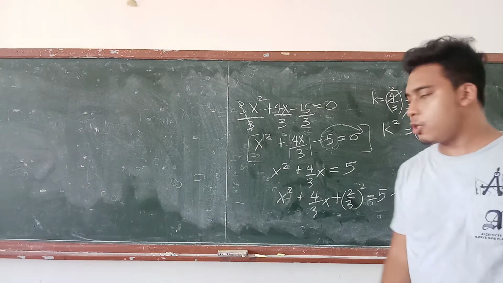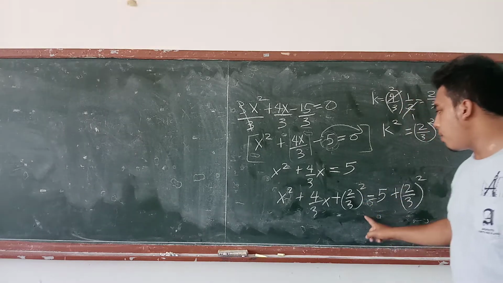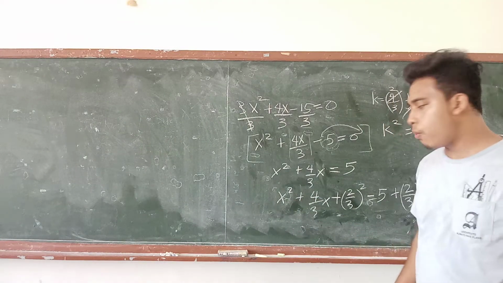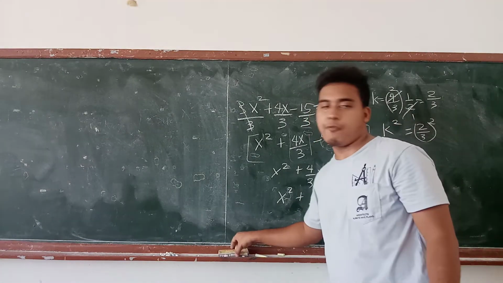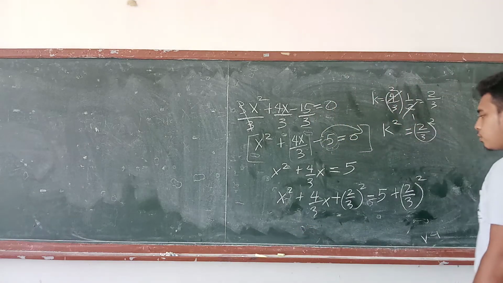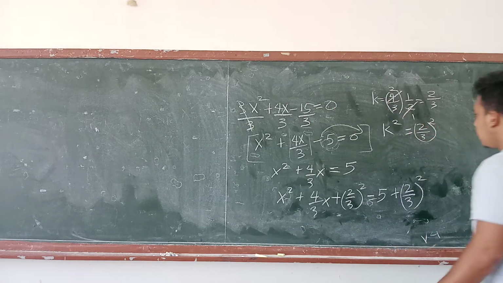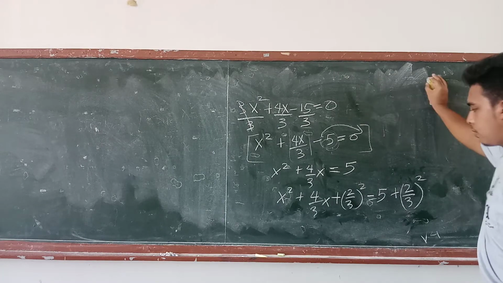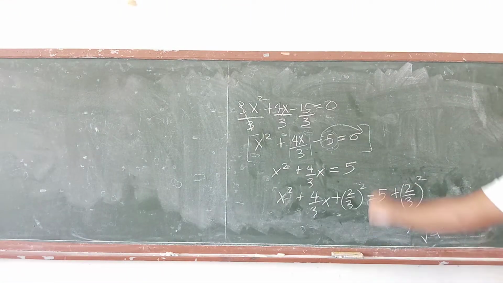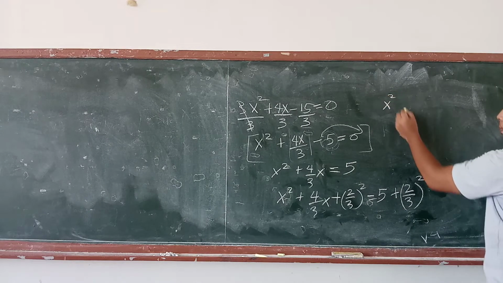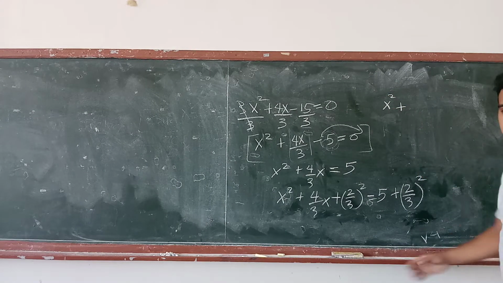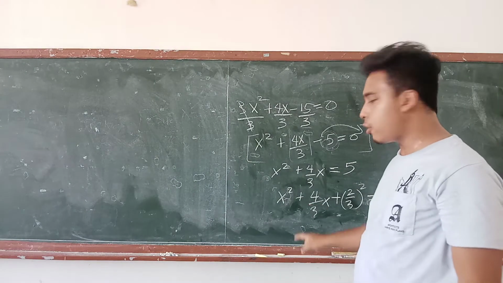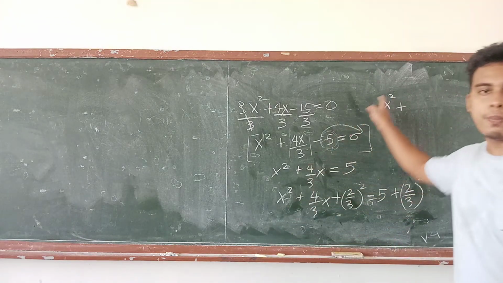Next, let's make this trinomial turn into a binomial. Since it is a perfect square already, we can now write it as a binomial. Okay? So next, x plus whatever the operation of your linear term, that would be the operation of your binomial.